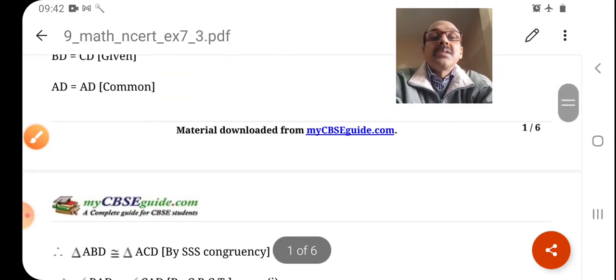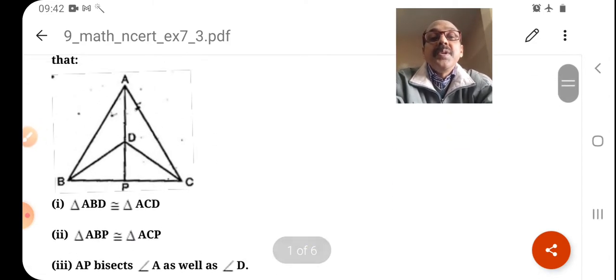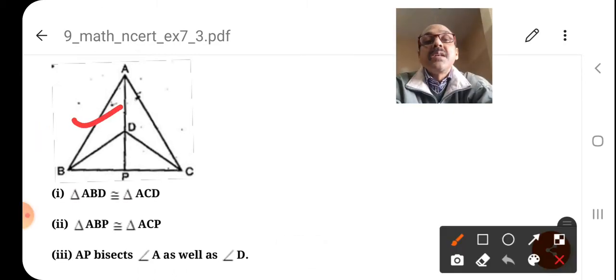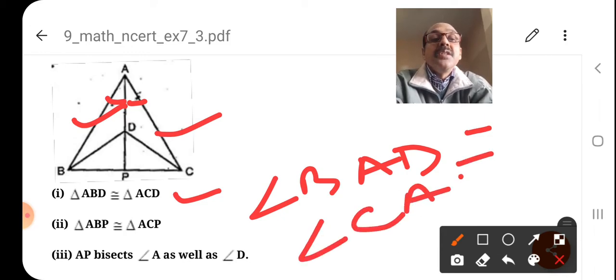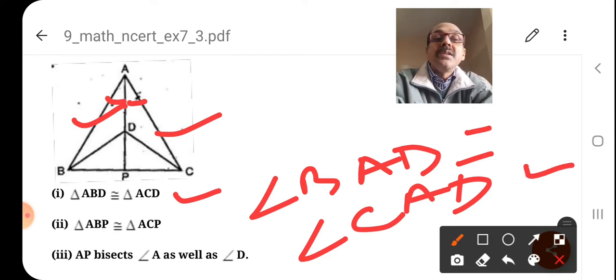So the three conditions from ABP and ACP are: number one, AB equals AC; number two, angle BAD equals angle CAD, because ABD is congruent to ACD, so by CPCT their corresponding angles are equal; and number three, AP is common.